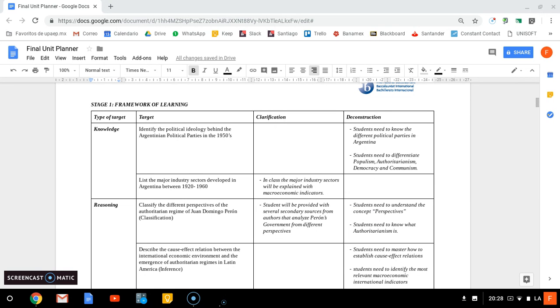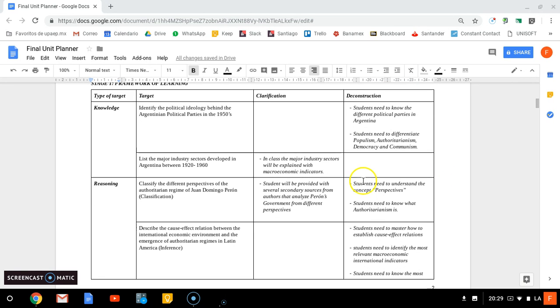This is that maybe you will have very complex targets that need to be deconstructed. This is that they need to be divided into different elements that all together will build that main target. But to be achieved, they need to be scaffolded. They need to be divided to address each one independently.